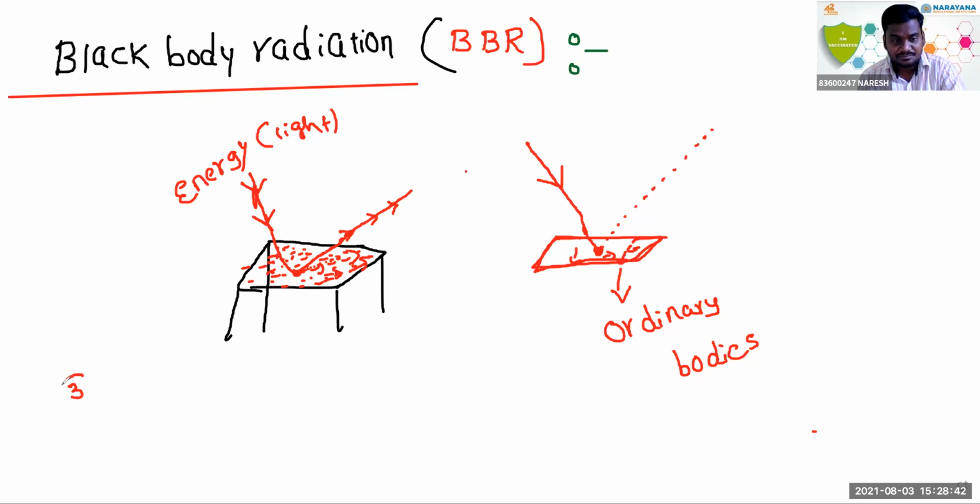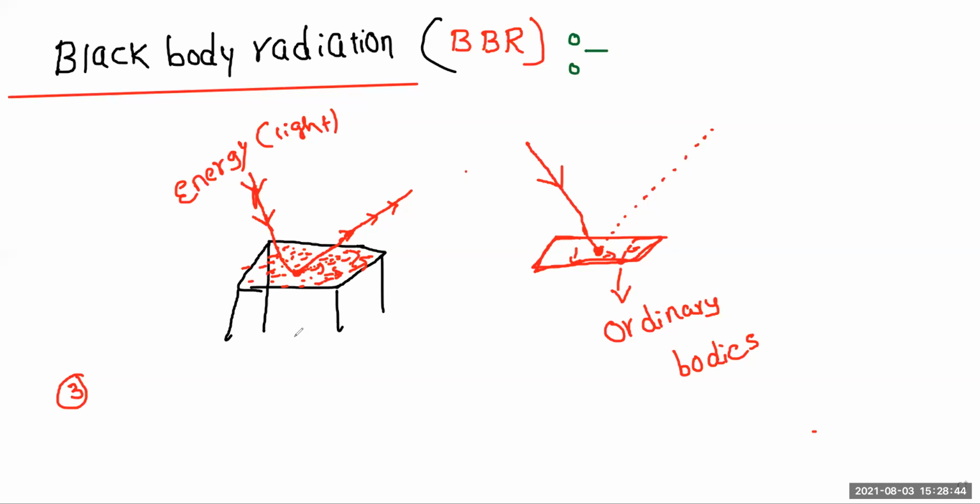Next point. Energy, in the sense, when a suitable light strikes on the surface of a metal. I have mentioned light energy over there. No, we are discussing the property of a black body.